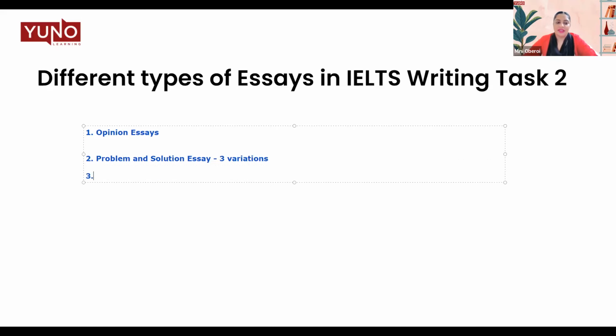After this, the third type of question is agreement or disagreement essay, or people call it agree-disagree essays also. After this, the fourth one is a direct question essay. And the last one is advantage, disadvantage.